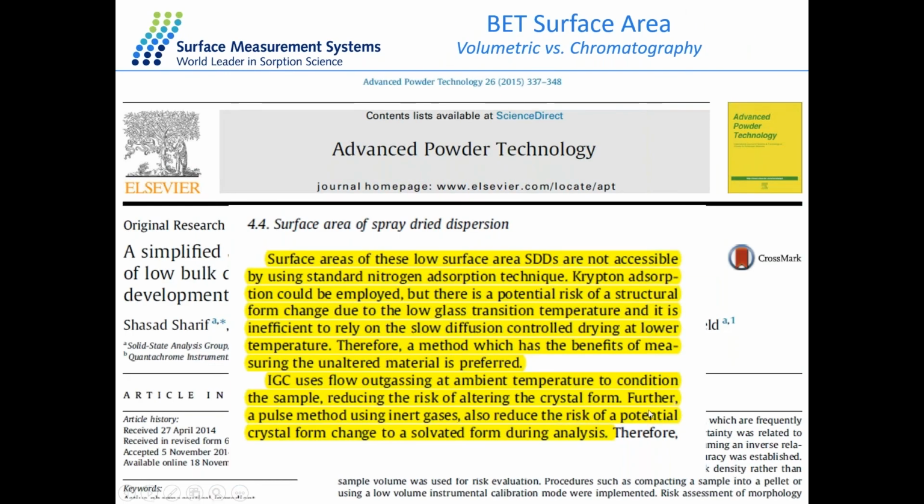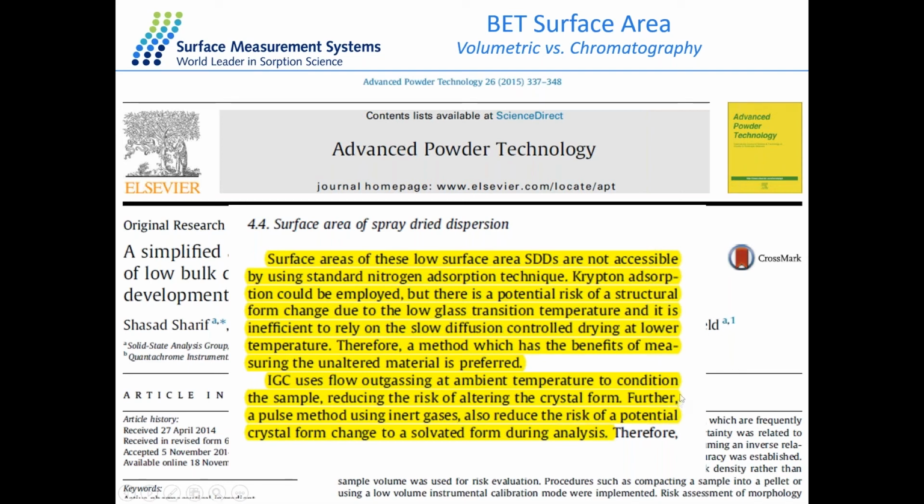There are quite a few papers out there that compare our chromatographic technique with the volumetric technique. One of the main differences that people have found is that with krypton or nitrogen adsorption volumetric techniques, because of the harsh conditions of vacuum and low temperatures, you may be affecting and disrupting the properties of the sample material.